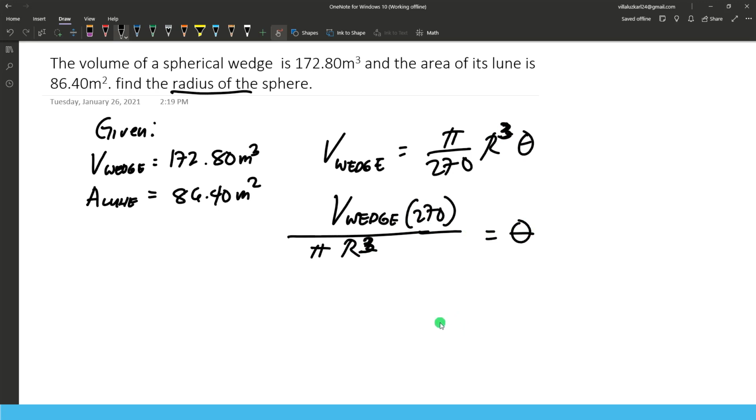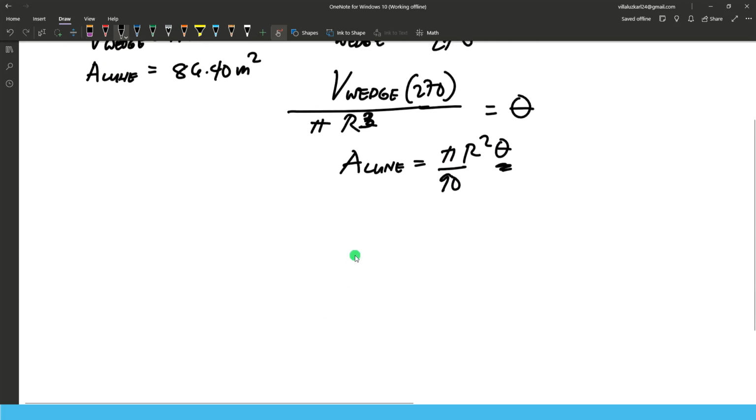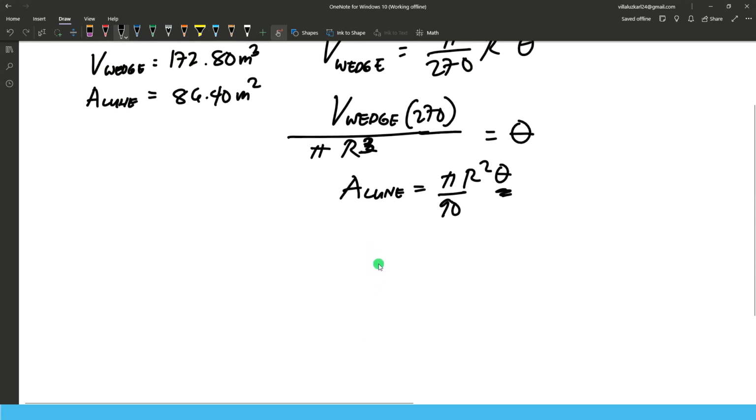That will be your theta. On the other hand, if we use the formula for the area of the loon, we have here pi r squared theta in degrees over 90. So let's determine also theta.